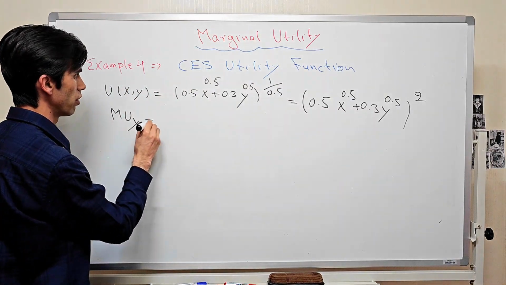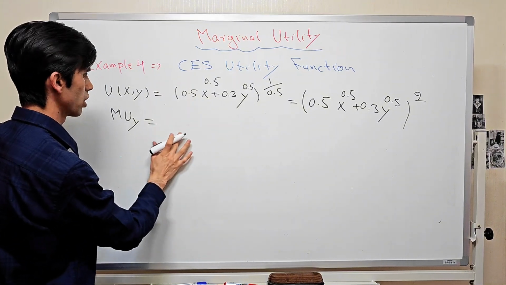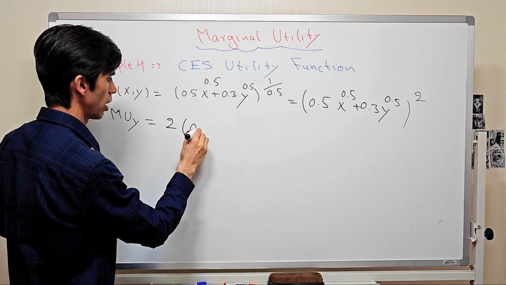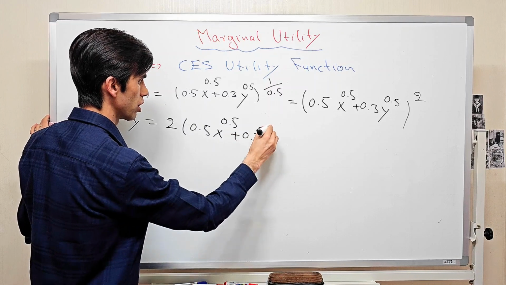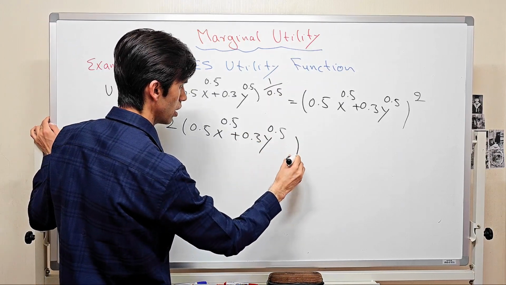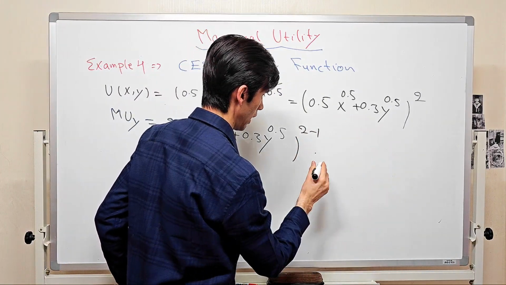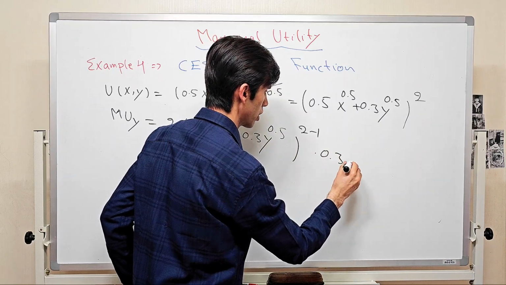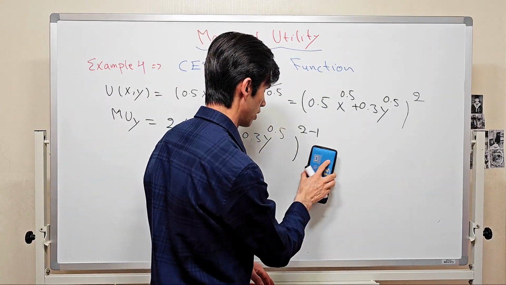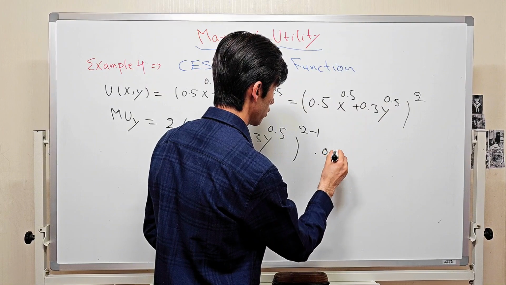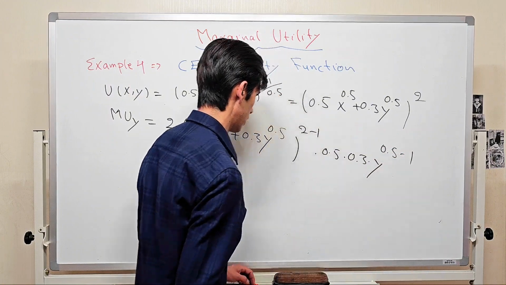So the marginal utility of y is equal to 2 multiplied by (0.5 x to the power of 0.5 plus 0.3 y to the power of 0.5) to the power of 2 minus 1, multiplied by the derivative of this inside function, 0.5 multiplied by 0.3 y to the power of 0.5 minus 1.